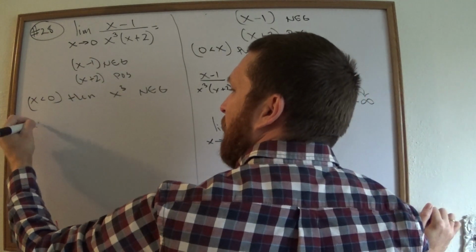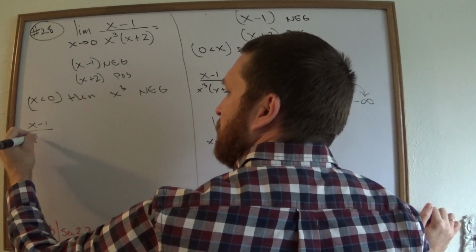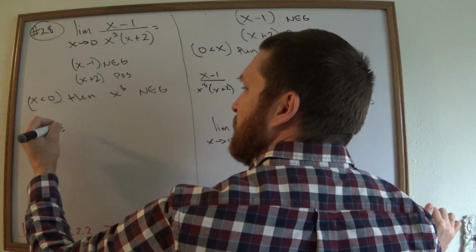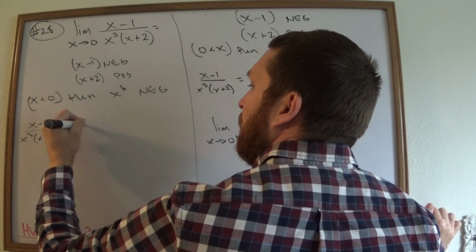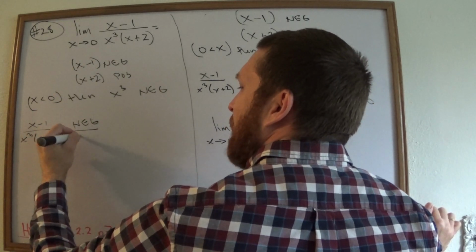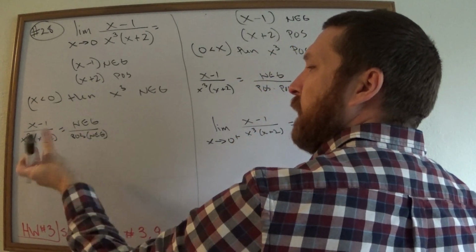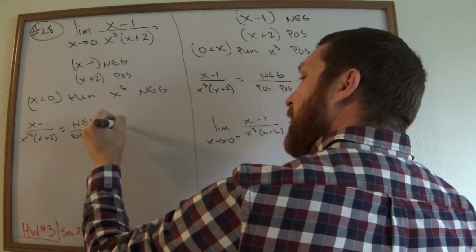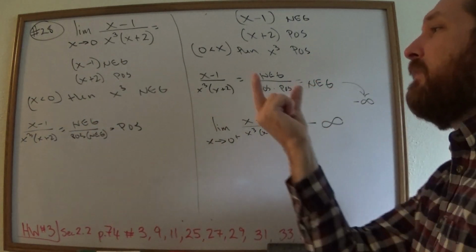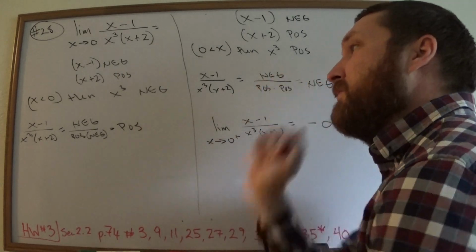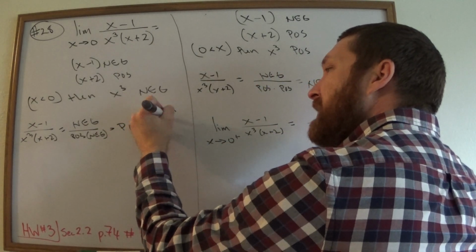And so our x minus 1 over x cubed times x plus 2 is negative over negative times positive, which is positive. And as we get really, really close to 0, this blows up to positive infinity.